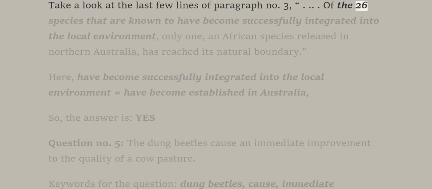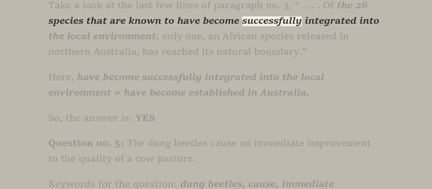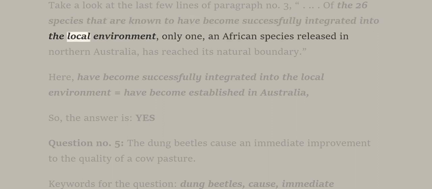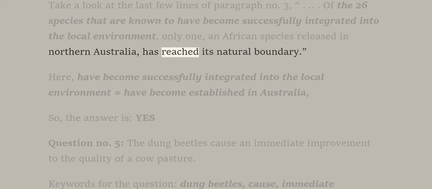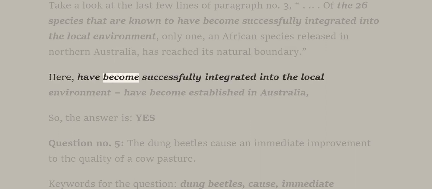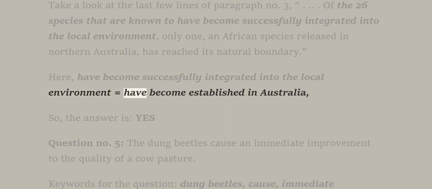Of the 26 species that are known to have become successfully integrated into the local environment, only one, an African species released in northern Australia, has reached its natural boundary. Here, have become successfully integrated into the local environment is equal to have become established in Australia. So, the answer is a yes.